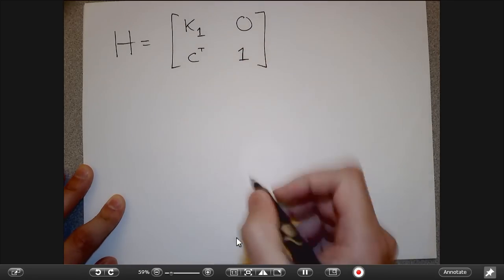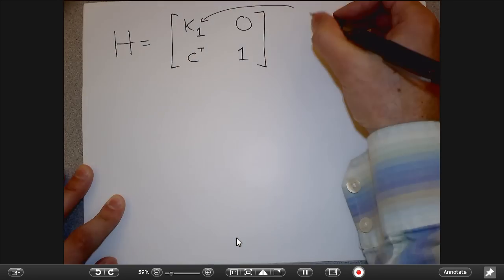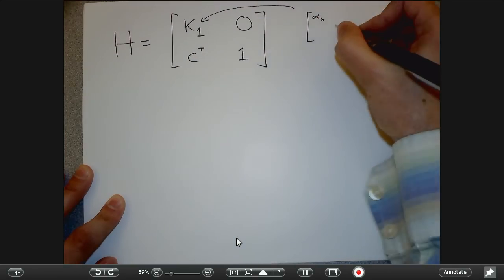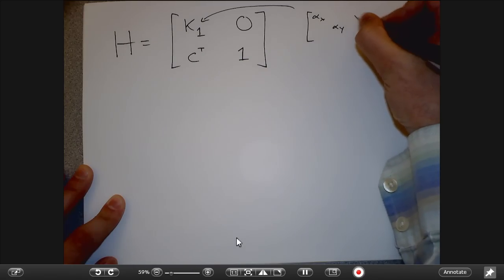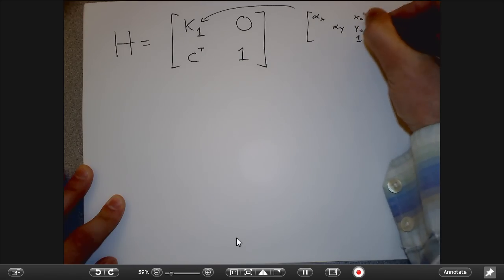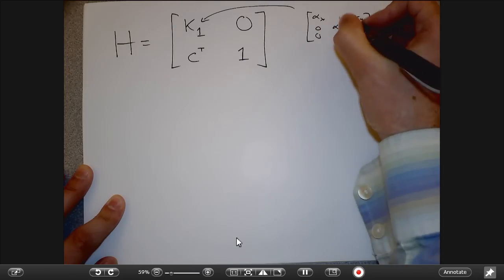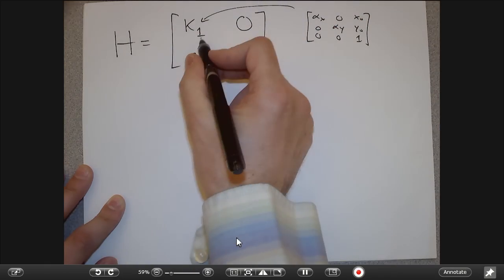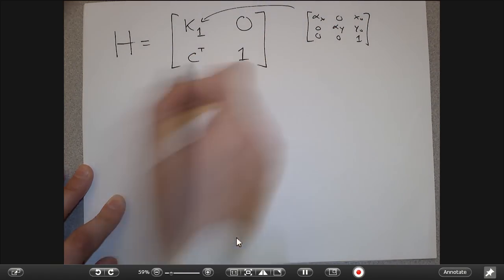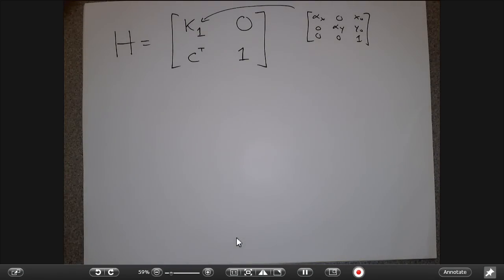And this K matrix has to be of the form that we know, where I've got the focal lengths and the principal point, and these entries here are 0. So there are only 4 degrees of freedom here and only 3 degrees of freedom here. I've already removed lots of degrees of freedom from the problem. Now I've only got 7 left that I have to figure out.